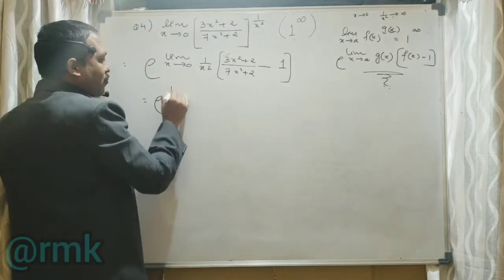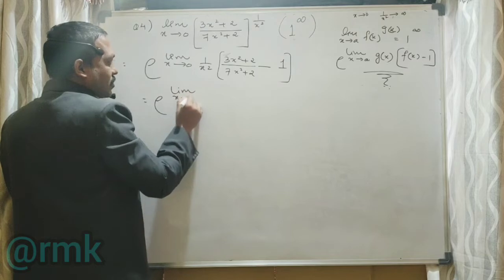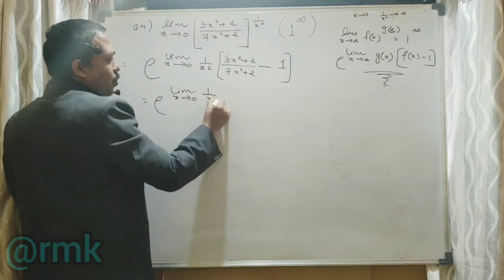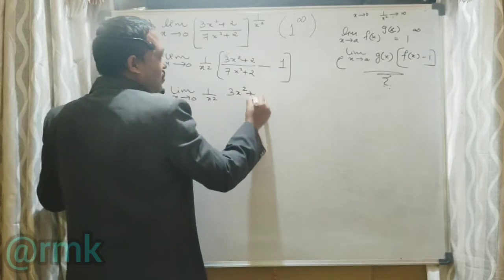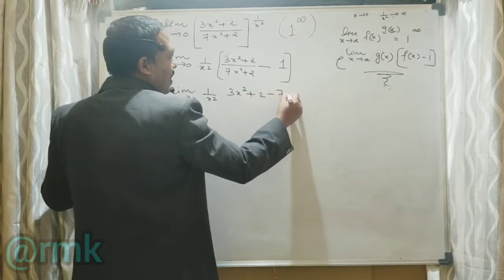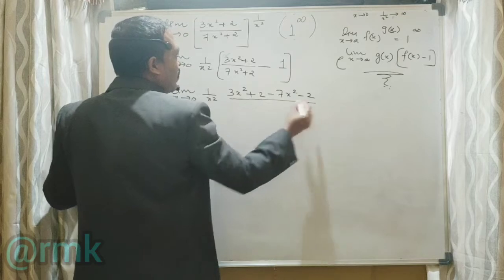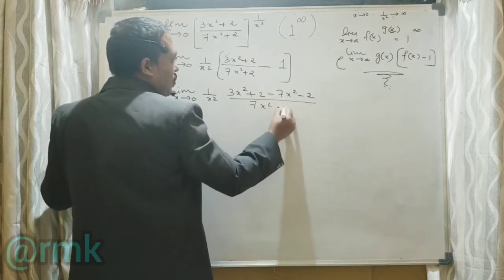That is e raised to limit x tends to 0, 1 by x square into, by cross multiplication, 3x square plus 2 minus 7x square minus 2 divided by 7x square plus 2.